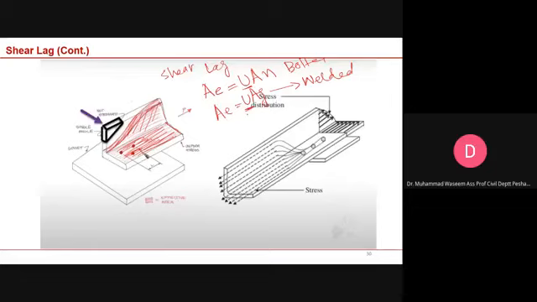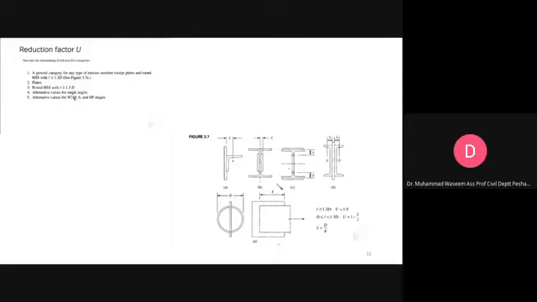Now the thing is, how can we find the U values? We have seen the simple guidelines in the previous slide, but in order to compute the U value, you can use a simple equation based on the configuration of your connection.